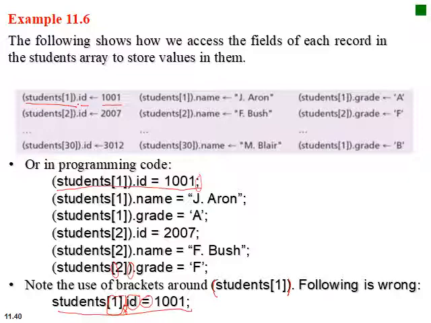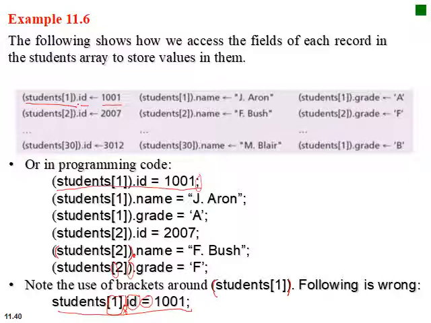Students1.id makes sense, but to tell the compiler we want to use students1 as a whole, we put the round brackets around the entire students1, which tells the dot operator to consider the entire students1, which is now the name of that particular record. The students1 record dot name, in other words, to access that field.